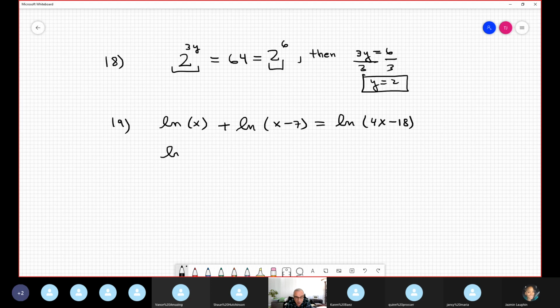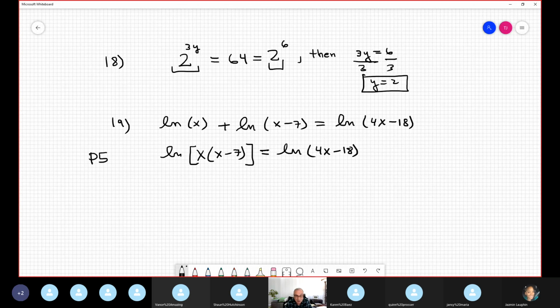That you have a logarithm, you apply property number 5. Property number 5 says when you have the addition of two logarithms, you can condense into only one, and that one gets the multiplication: x times x minus 7 equals ln 4x minus 18.